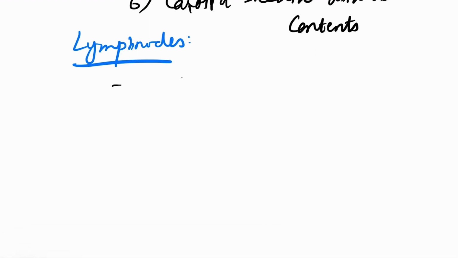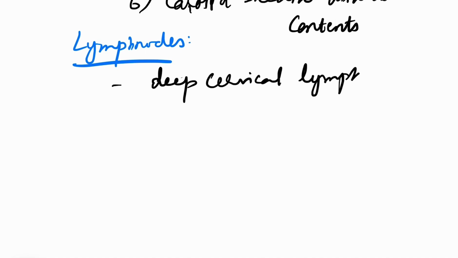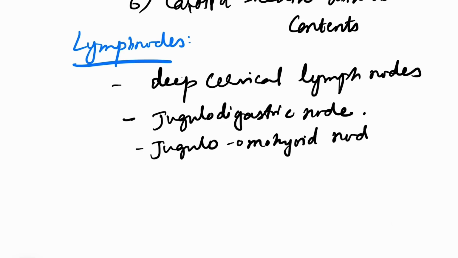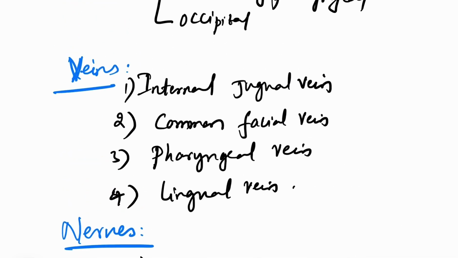The most important one is the deep cervical lymph nodes, which are situated along the internal jugular vein, and it also includes the jugulo-digastric node, which is below the posterior belly of the digastric muscle, and also the jugulo-omohyoid node above the inferior belly of the omohyoid. Okay, so this is all about the carotid triangle.